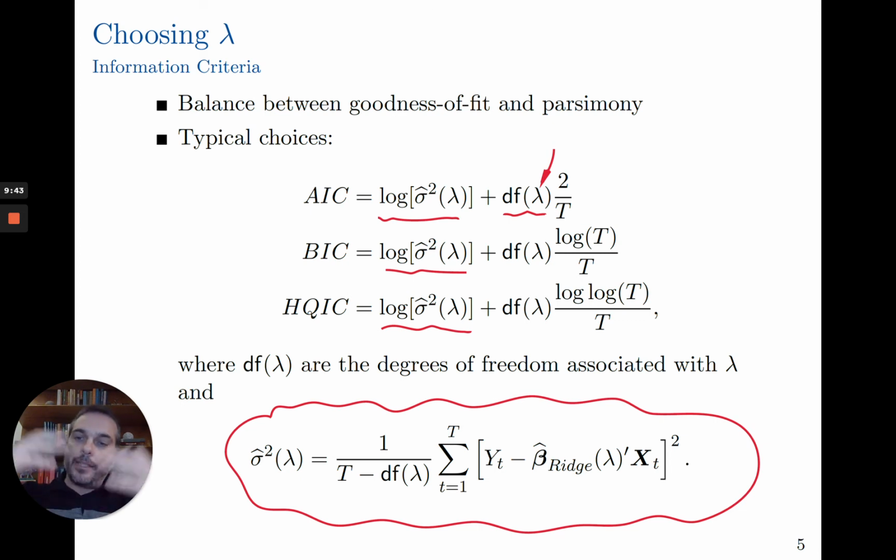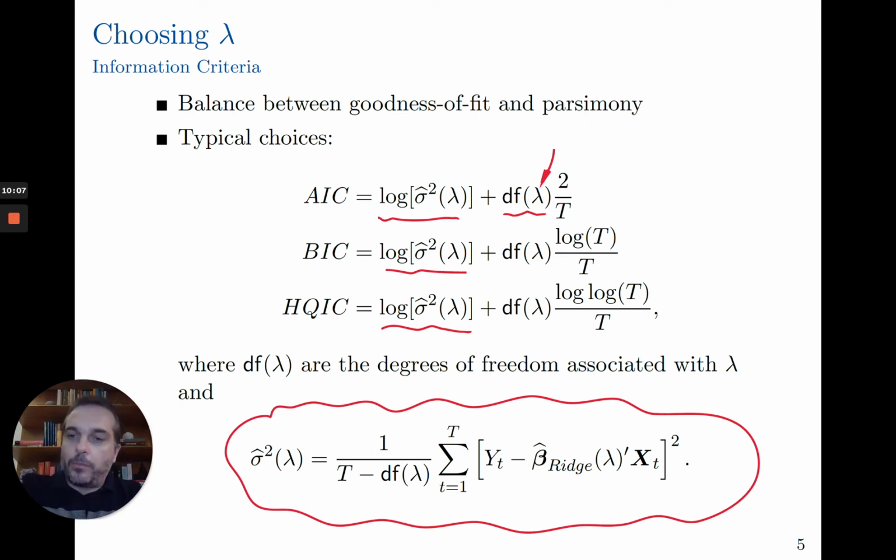Because the higher the lambda, we are shrinking the model towards a model with no covariates, with no parameters, right? Although we are not doing perfect model selection, we cannot shrink exactly to zero, as I have already mentioned, but we can get very close.